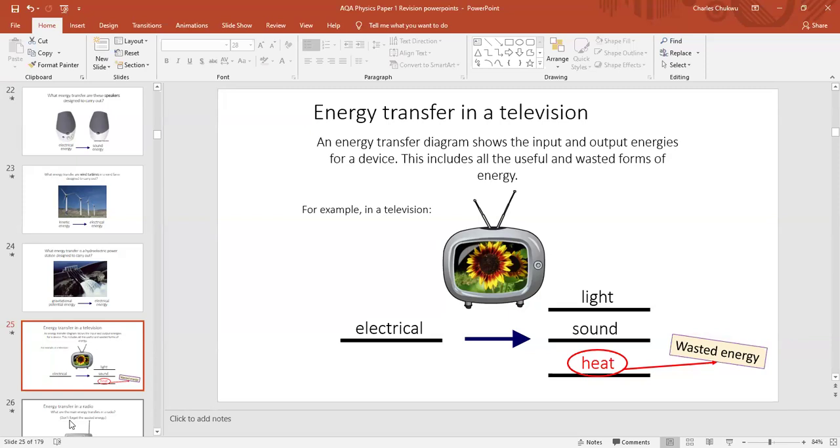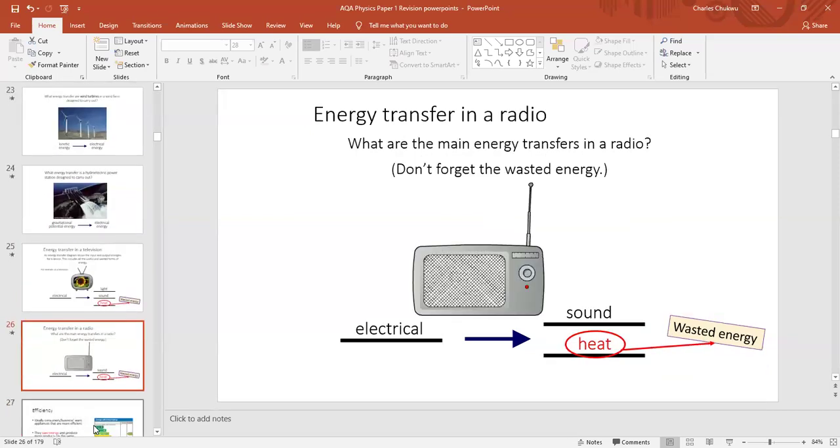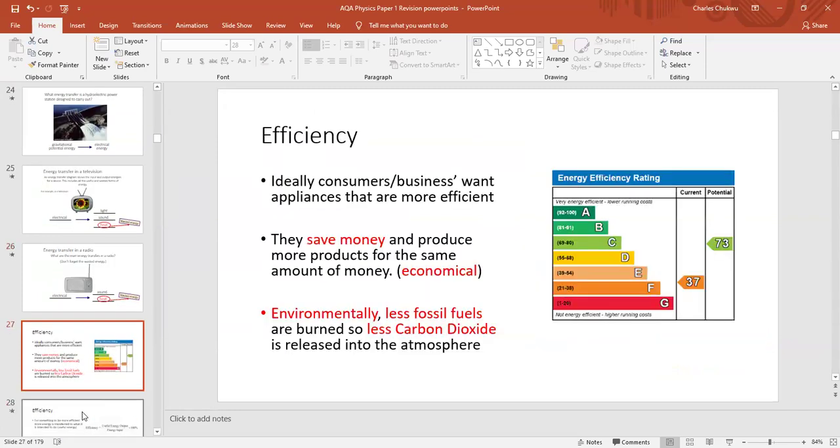You touch the TV after a while, you notice that it's warm. Okay, that's wasted energy. Not really useful to us. Okay, for a radio, it's just sound. But what goes in? Electrical, that's the source. Destination, sound. And then, of course, wasted energy again, which is heat.